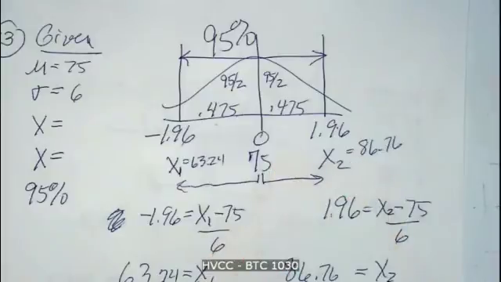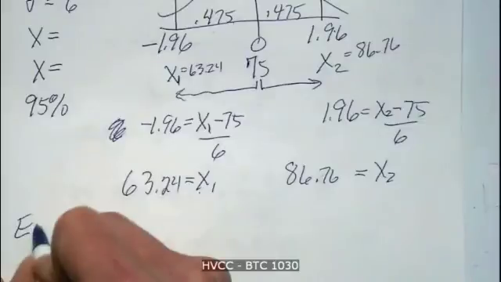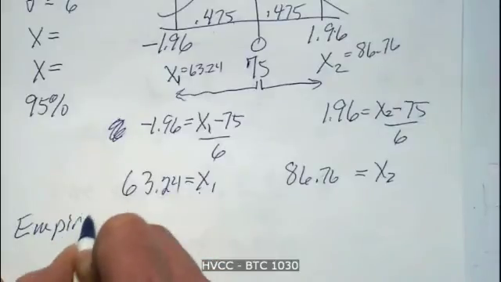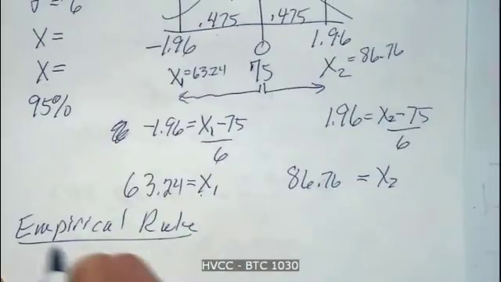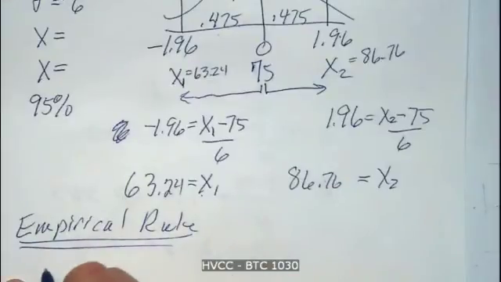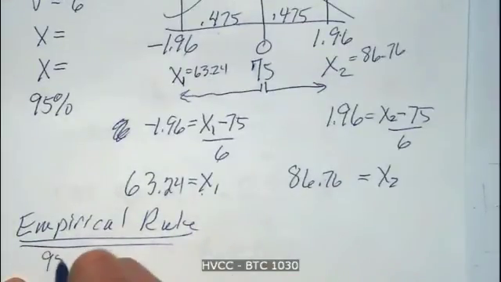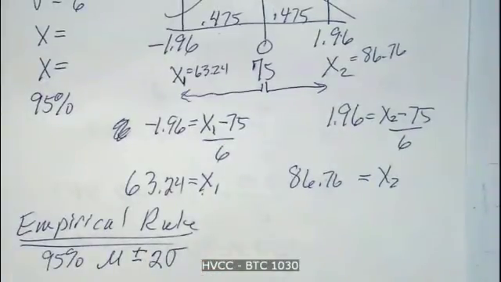This should look familiar because the empirical rule is an approximation to that. Remember, if you go to your formula sheet, I say 95%. What's the formula for 95% in the empirical rule? It's the mean plus or minus 2 standard deviations.